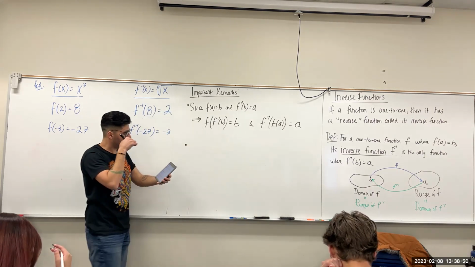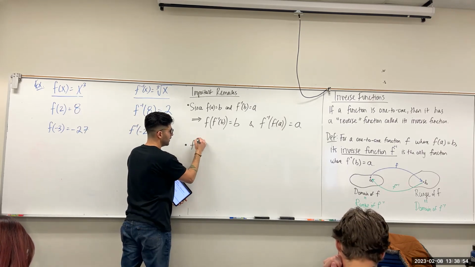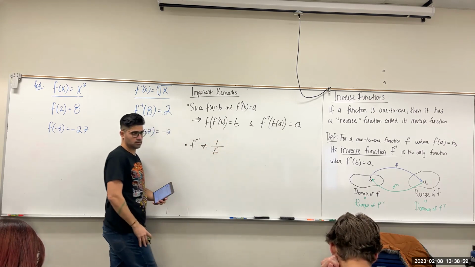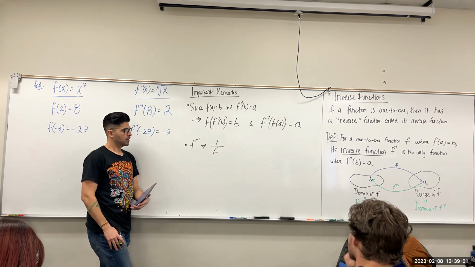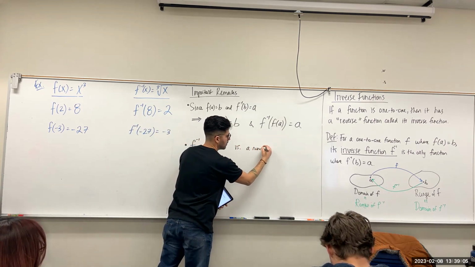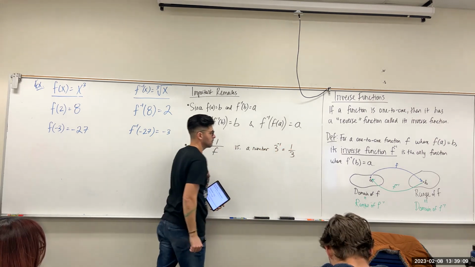The other thing is a common notation mistake that students make. So f inverse does not equal 1/f. Versus a number: if I was to do 3 to the -1, that is 1/3.